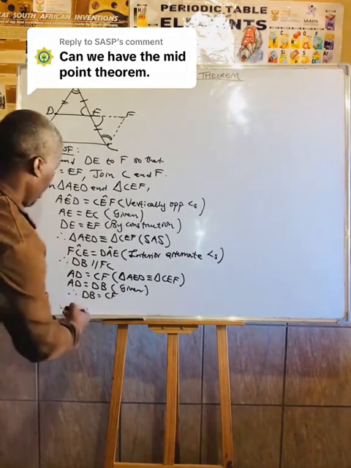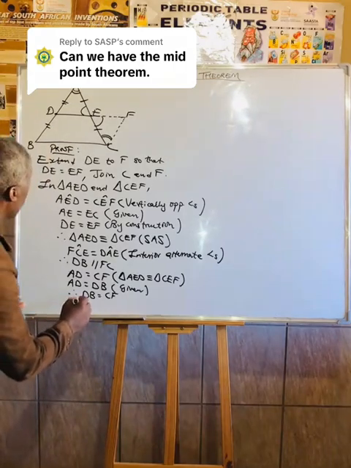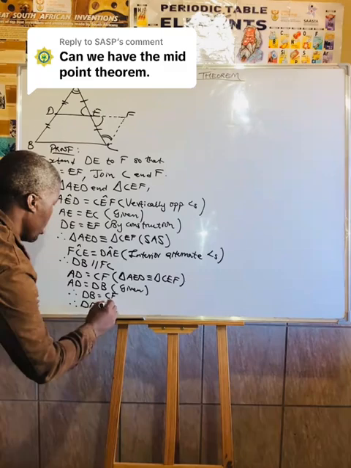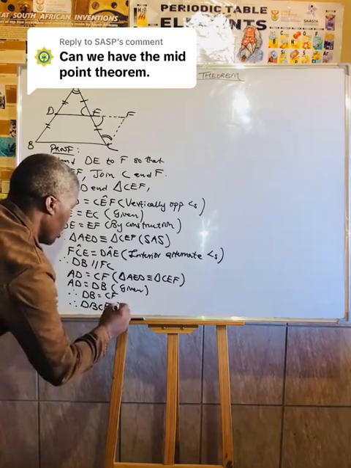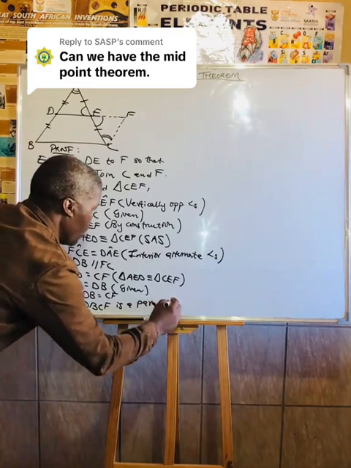From this, we can safely conclude that DBCF is a parallelogram.